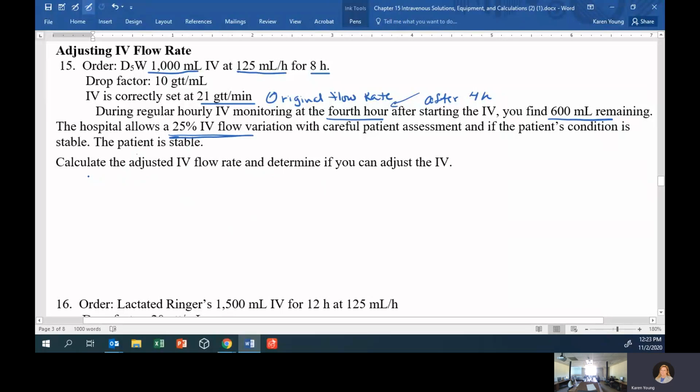So the first thing is our original drops per minute, or flow rate. We have to find it if we're not given it. Second, we have to find the new flow rate.